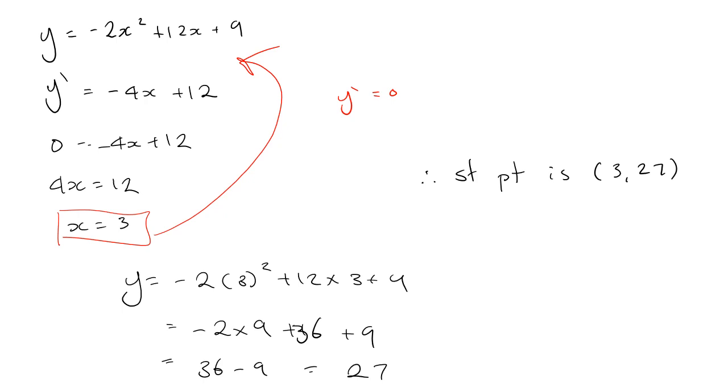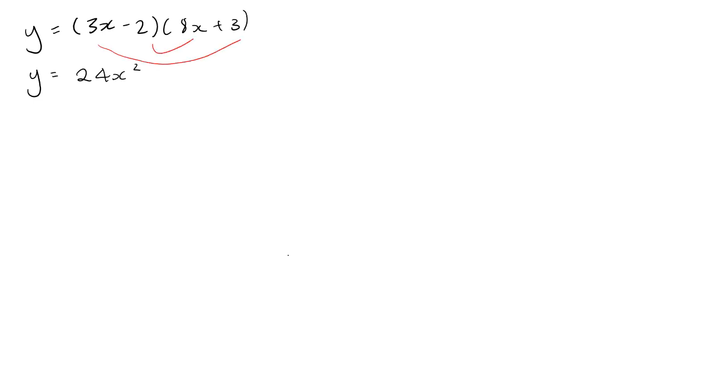Let's try another example. So let's say we had y equals (3x minus 2)(8x plus 3). So our first step here is to expand the brackets. Then it's easier to differentiate. So 3 times 8 is 24. So we get 24x squared minus 16x plus 9x.